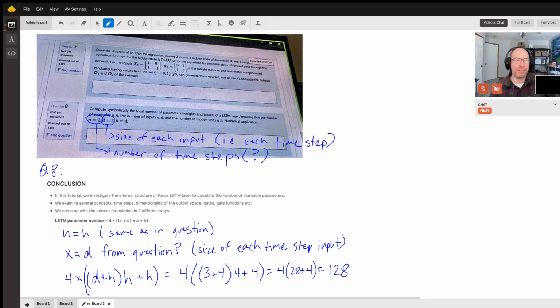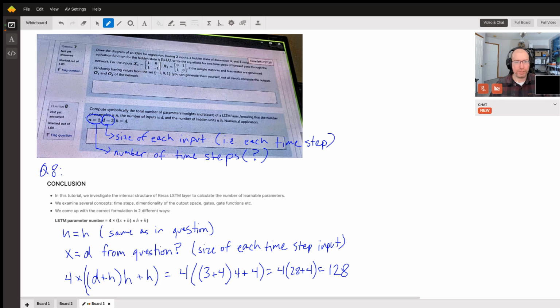For a number of inputs, I'd probably say something like the number of values in each input. But I think that's what they're getting at. So I think that's right. And it does lead to a reasonable looking number. All right. So that's that one.